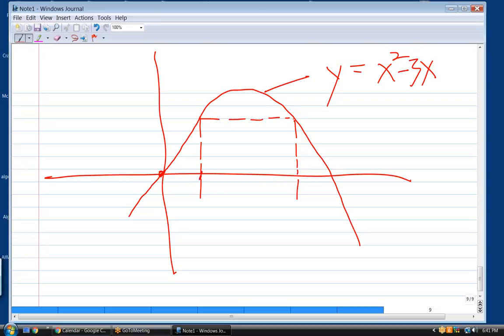No. What's this dimension right here? That's x. So this distance is x, right? Yeah. Okay. What's this distance over here? x.